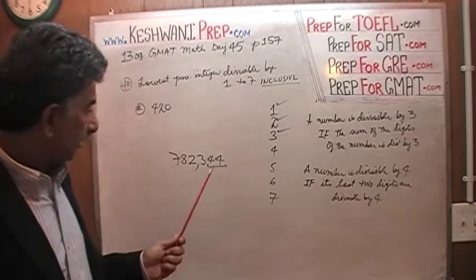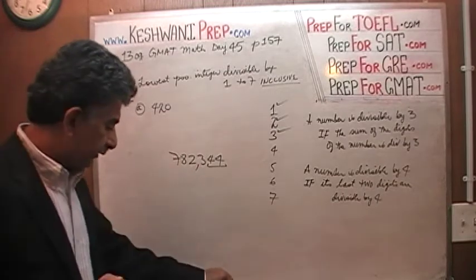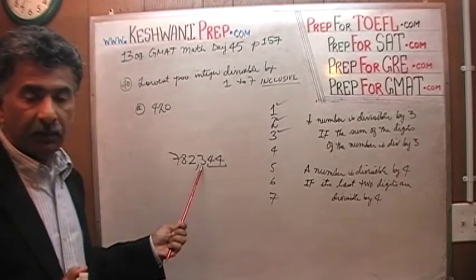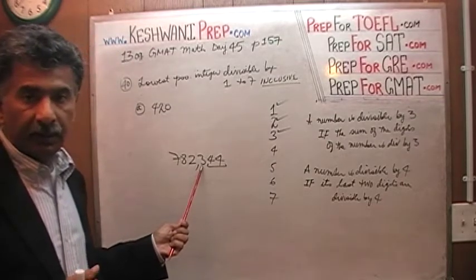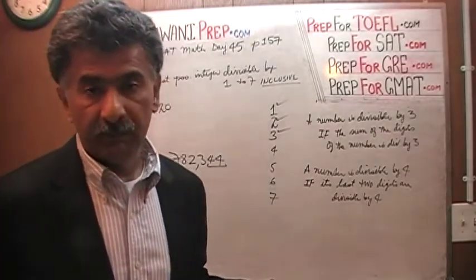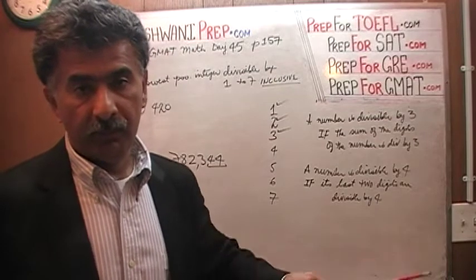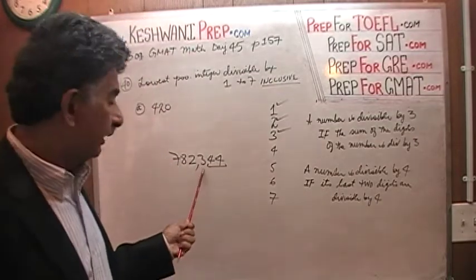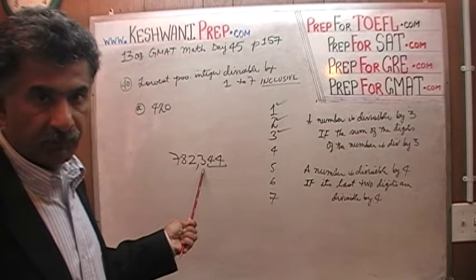Why? Because anything in the 100 digit, for example here it is 300, is a multiple of 100, and 100 is divisible by 4. 100 divided by 4 is 25. Therefore 200 is divisible by 4, and so is 300, and 500. Any multiple of 100 is divisible by 4.